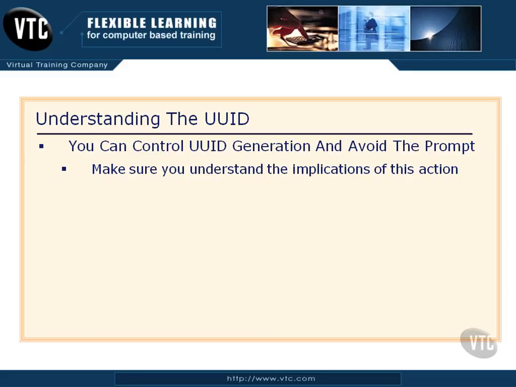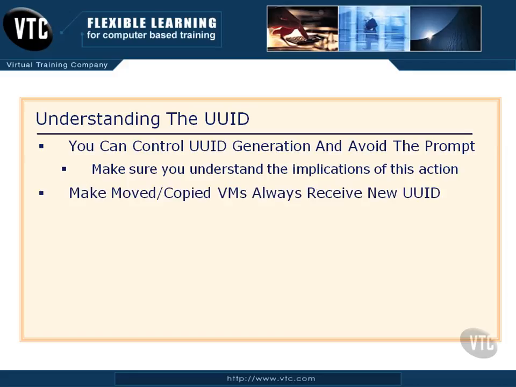The goal changes 300 or 400 times after a couple of hundred meetings one day, and suddenly you're using a machine for reasons that you never intended to, and now you've made 300 copies. They all have the same UUID, and you've got a mess. So here's the way that you can make a moved or copied virtual machine always receive a new UUID without throwing you any prompts or anything.